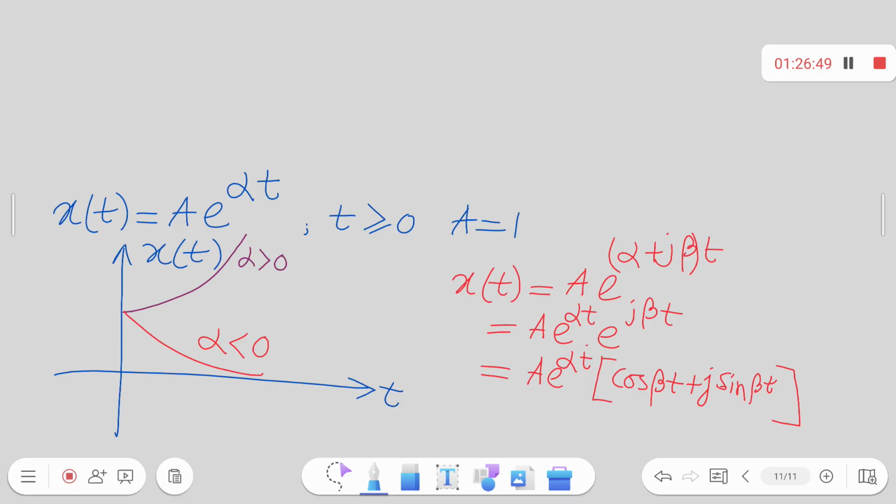When you have a complex exponential phasor rotating at a particular speed, the corresponding x coordinate and y coordinate give you the cosine and sine signals as a function of time. Right, so that's all about the exponential signal.